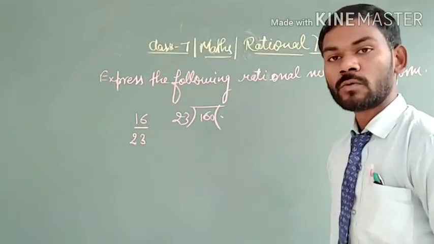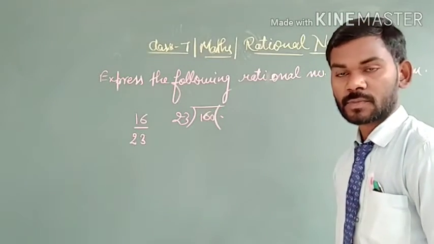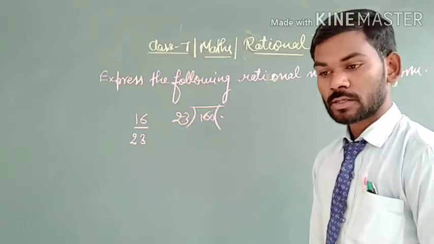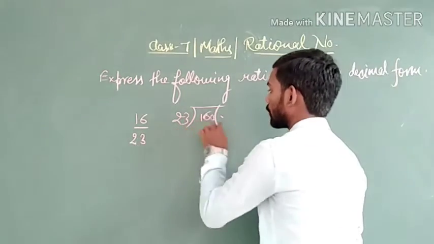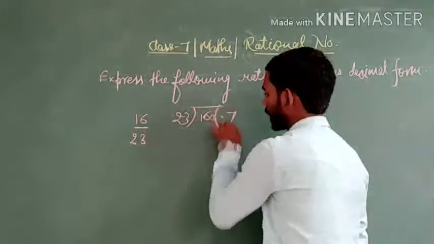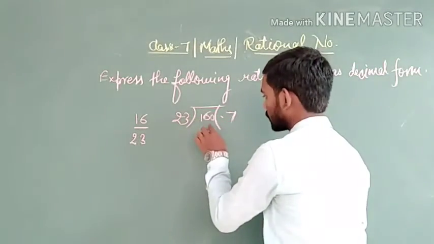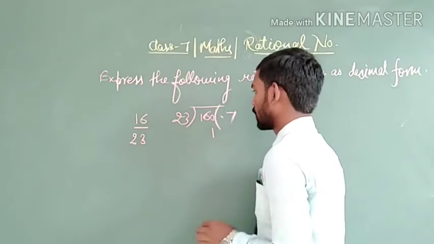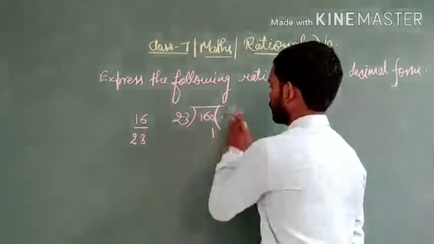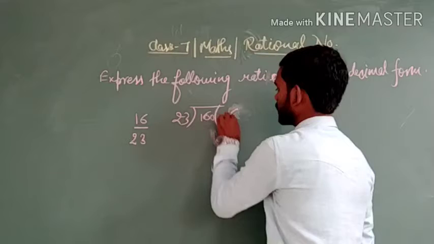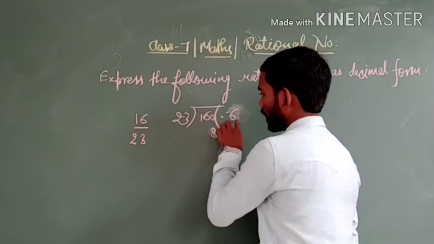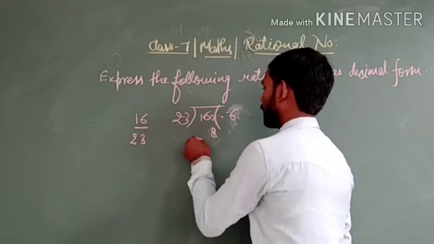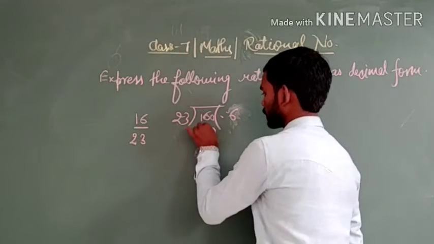Now it becomes 160. Let us see, we divide it. 7 times, 7 3s are 21, carry 1, sorry, you can take 6 times. So here we get 6 3s are 18 and 6 2s are 12, 12 and 1, 13.